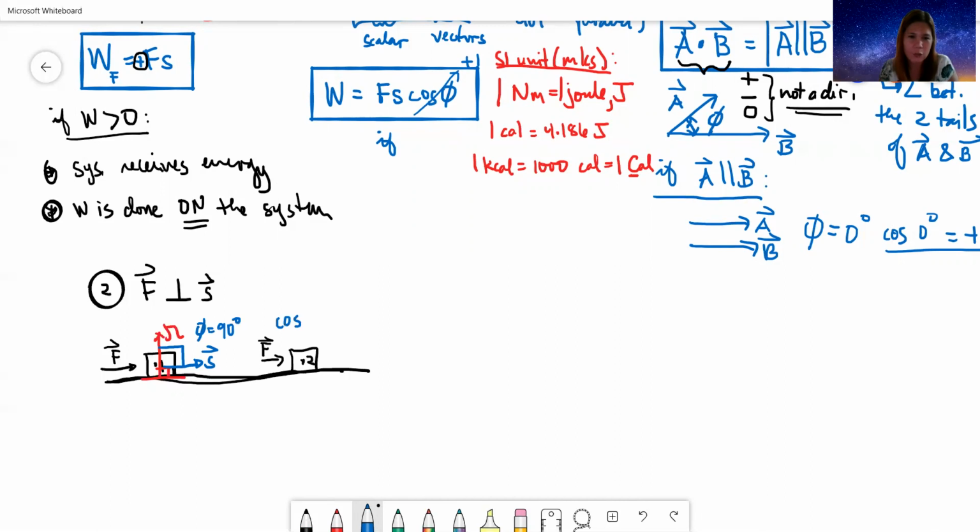O, ano ba ang cosine ng 90 according to your trigonometry? Diba it's 0? So, in this case, if we go back to the definition of work by constant force, F s cosine phi, ito siya magiging cosine 90, which is of course magiging 0. So, walang work na nagagawa ang perpendicular force.